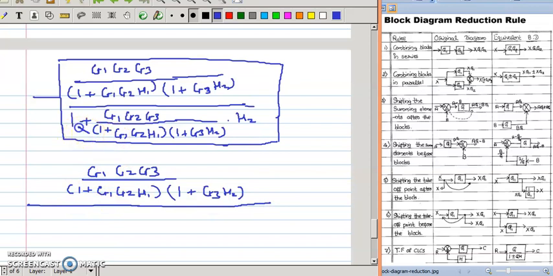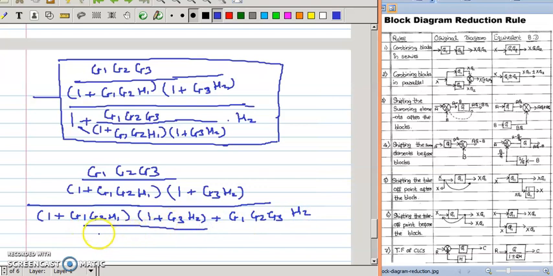So this bracket is cross multiplied with the 1, so it becomes 1 plus G1 G2 H1, 1 plus G3 H2 plus G1 G2 G3, right, into H3.